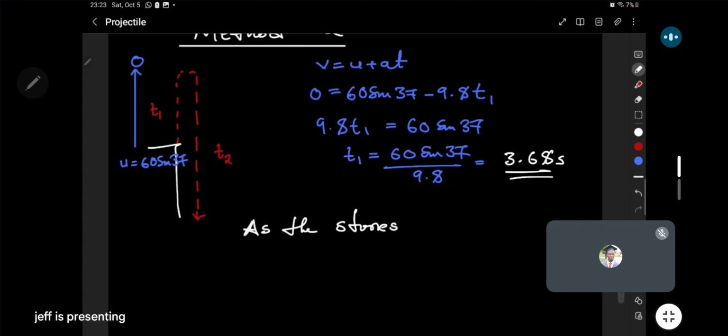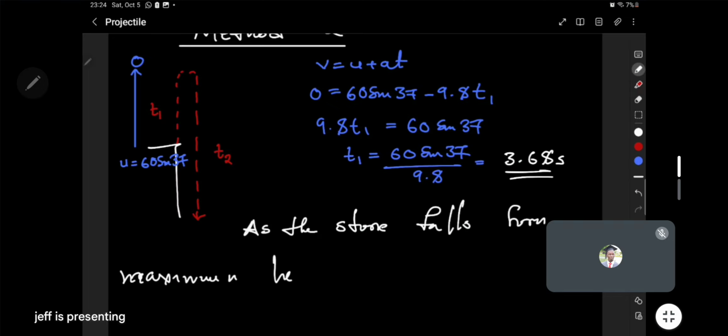Okay, so after getting t1, you now want to get t2, the time for falling down. So how do we do that? As the stone falls from the topmost point, from the maximum height to the ground, what do we see?